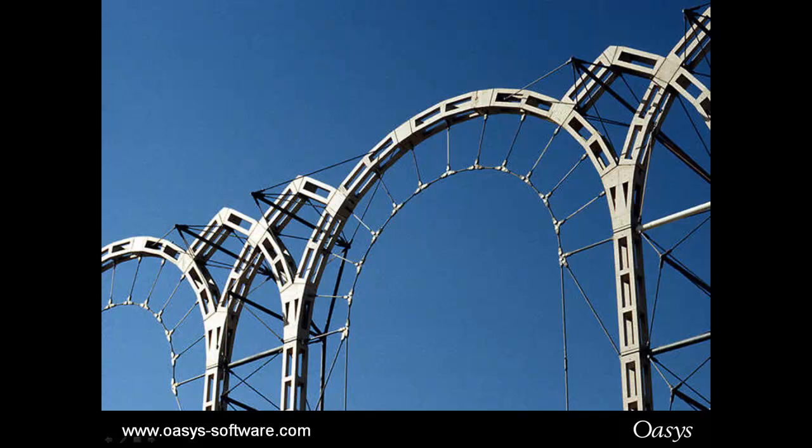Now, this is a more modern example. This is from the Facing the Future Expo 92 in Seville, an Ove Arup and Peter Rice job. These are ungrouted stone masonry units held together purely by the tension from those rods.